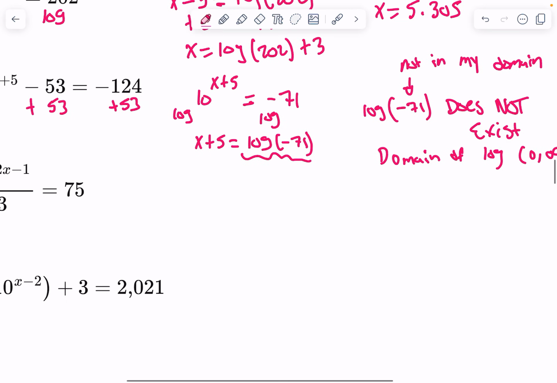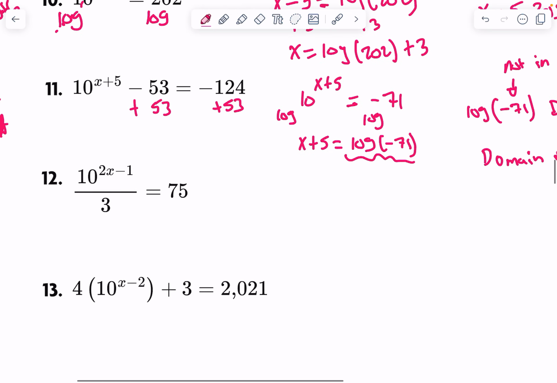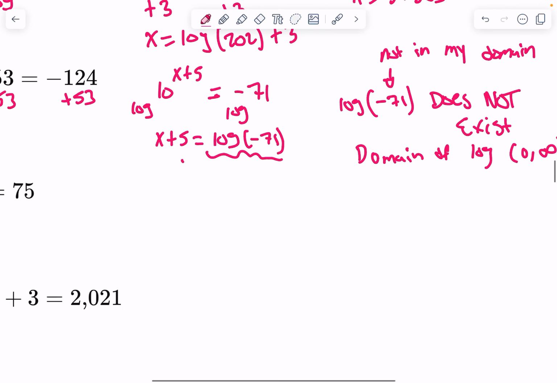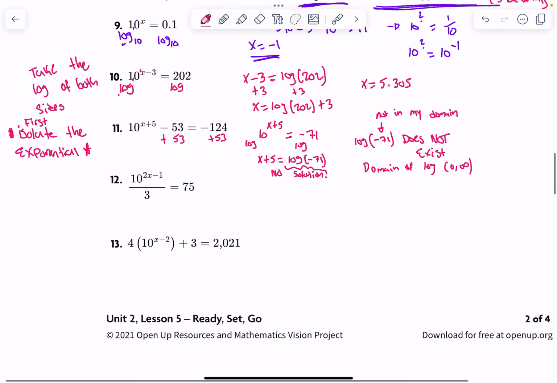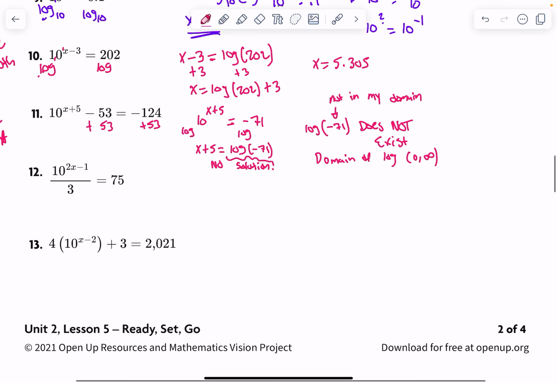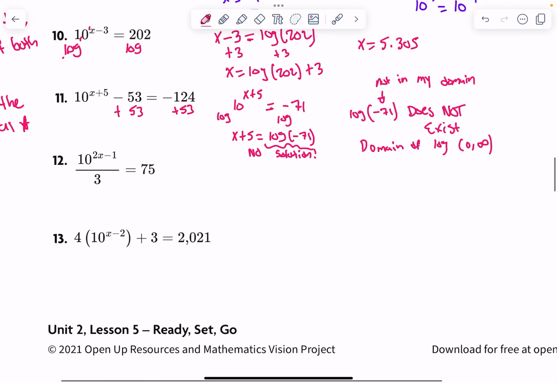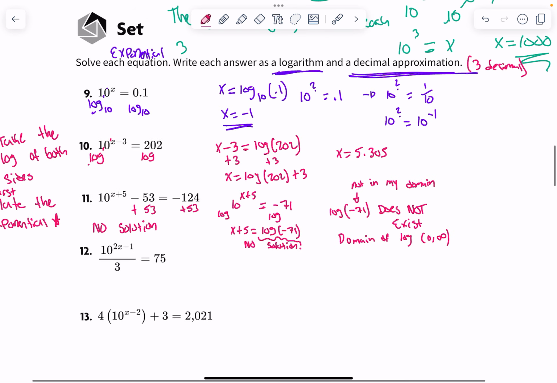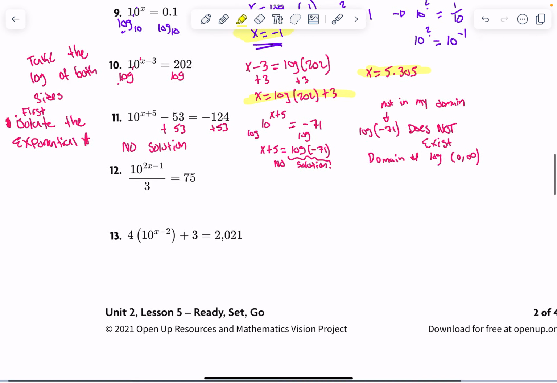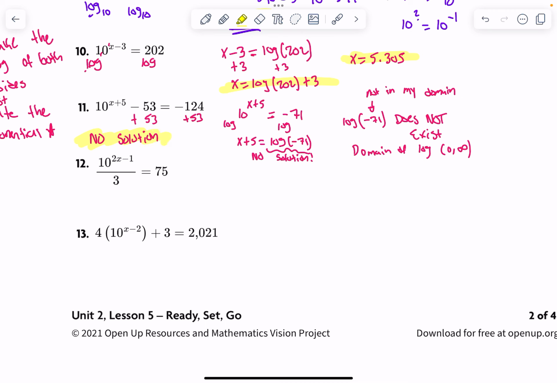So this right here has no solution. So this entire problem has no solution. So let's highlight this is here, this is here, this is that one. This is no solution.